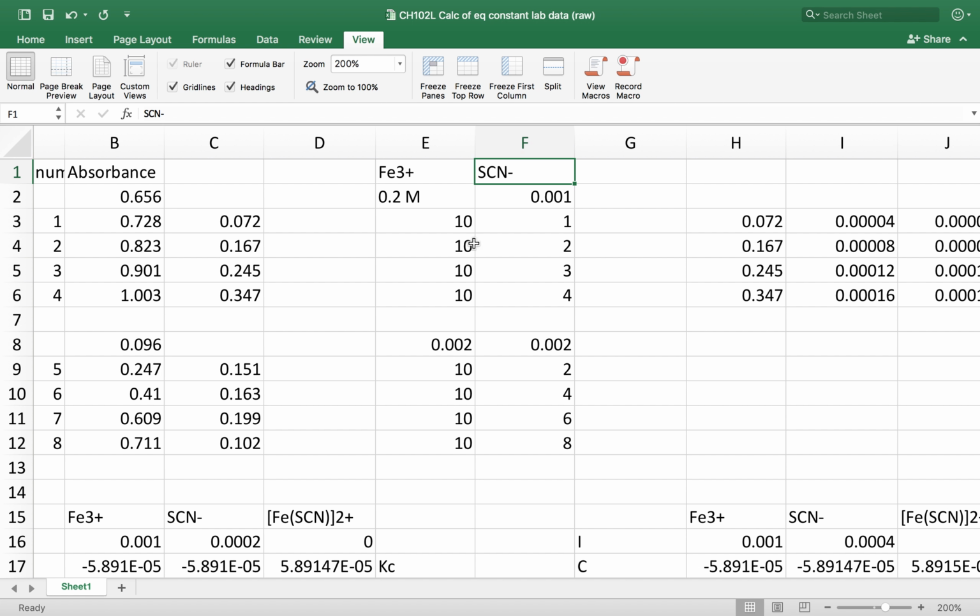So according to Le Chatelier's principle, what we've really done is increase dramatically the concentration of the iron 3. And what do we know when we have an equilibrium reaction? If you increase one of the reactants, it shifts towards the products. And the iron 3 is so large in concentration relative to the thiocyanate that even if it's a small equilibrium constant, it effectively forces the reaction all the way to the end.